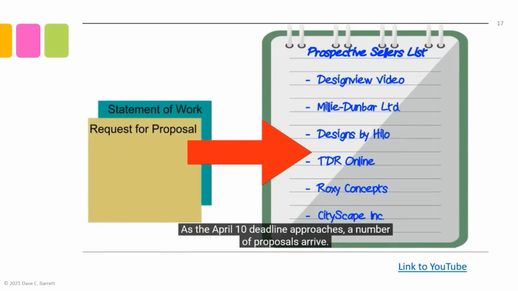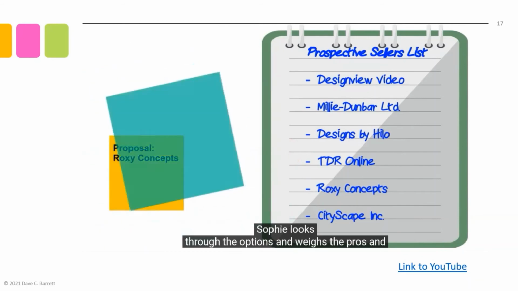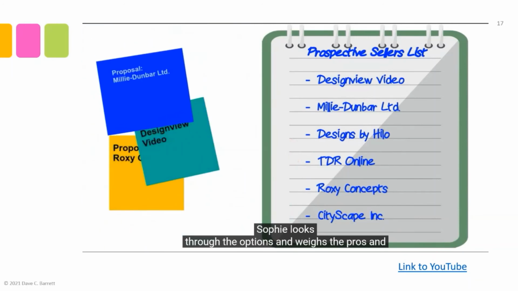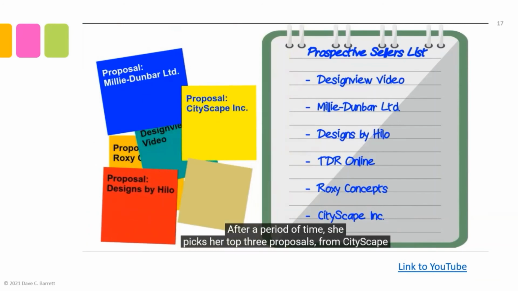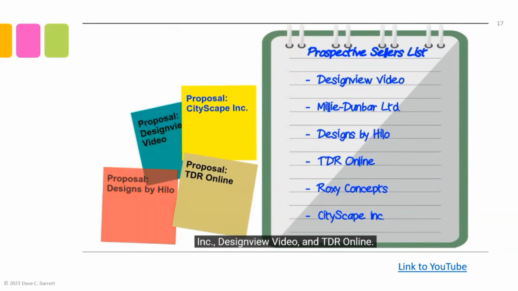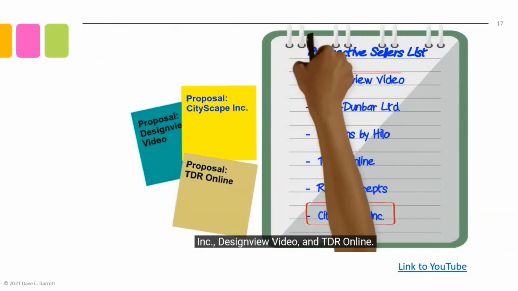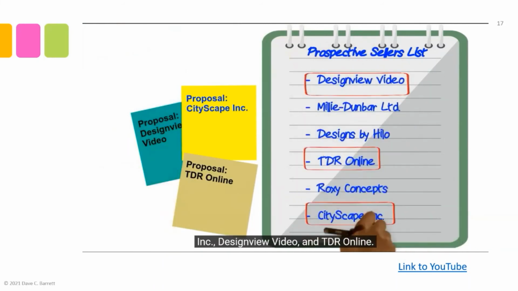As the April 10th deadline approaches, a number of proposals arrive. Sophie looks through the options and weighs the pros and cons of each. After a period of time, she picks her top 3 proposals from Cityscape Inc., Design View Video, and TDR Online.